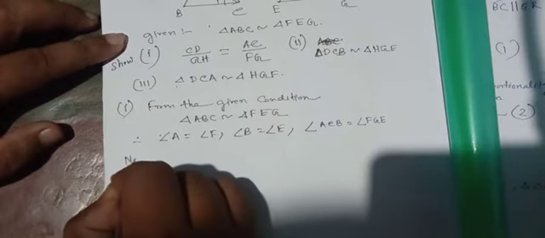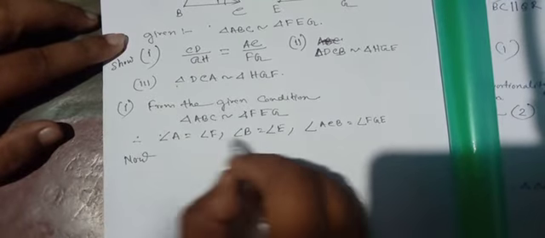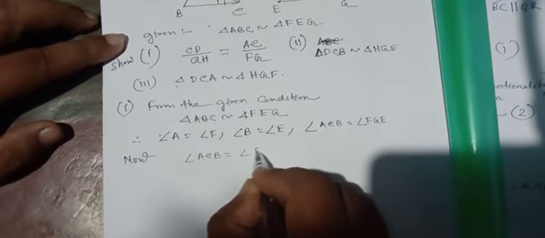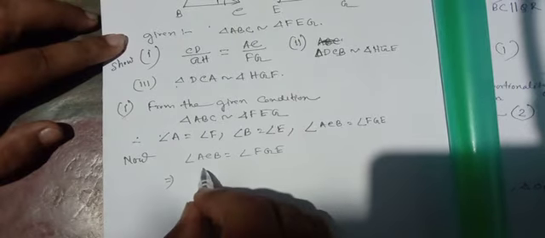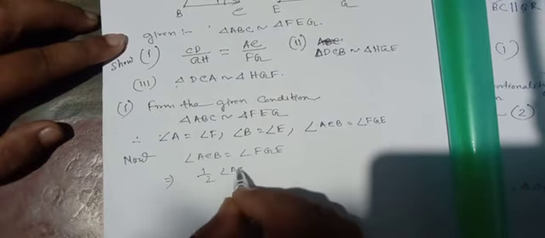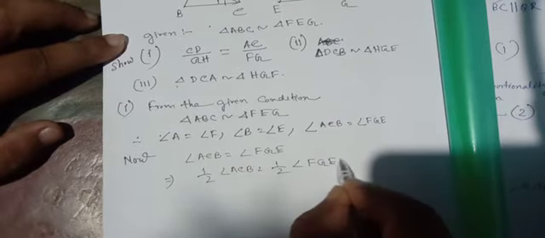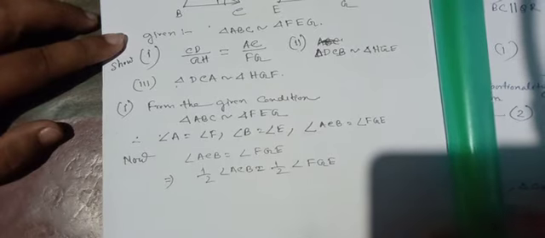Now angle ACB equals angle FGE, it is given to us. So obviously half of angle ACB equals half of angle FGE. Understand?